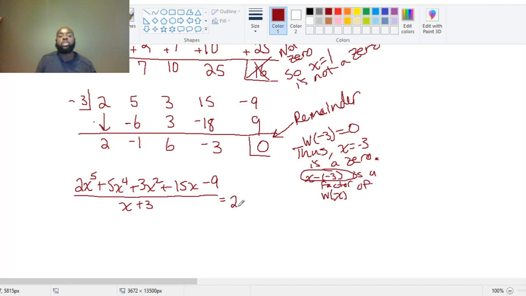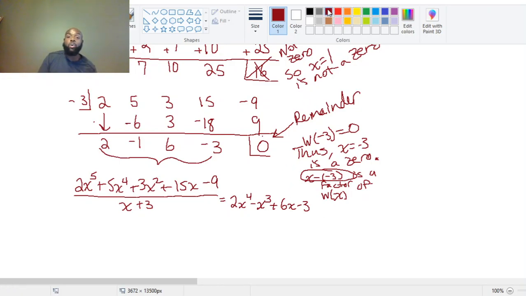My quotient, which was 2x to the 4th minus x cubed, that's my quotient here. So dividend divided by divisor equals your quotient, which I'm writing here, plus your remainder, but my remainder is 0 divided by my divisor, so that's just plus 0, and I'm not going to put it there, okay?